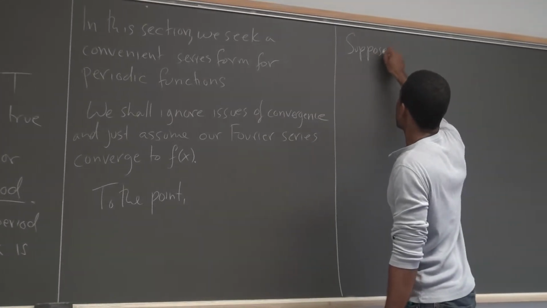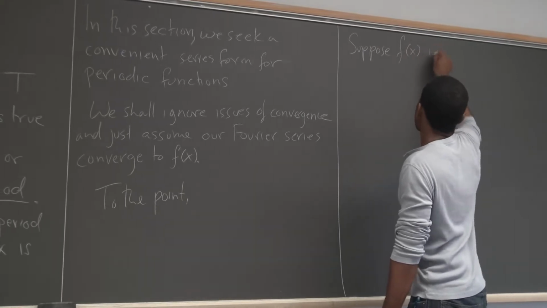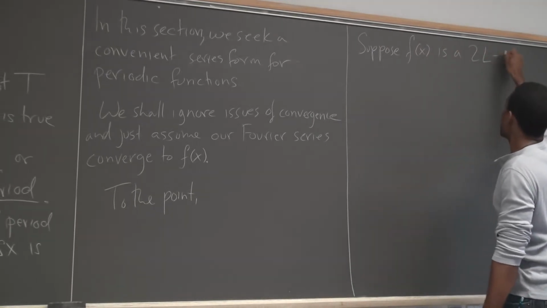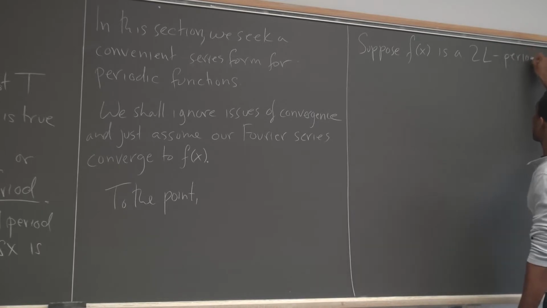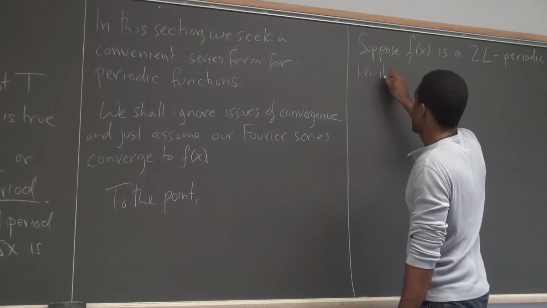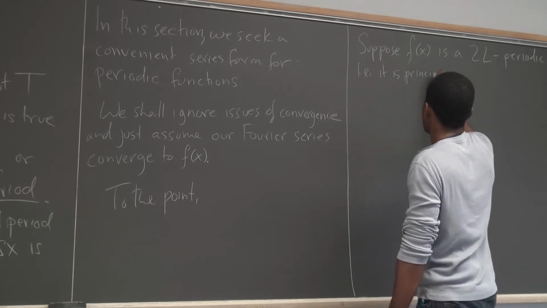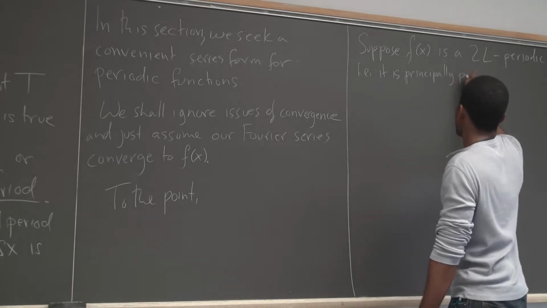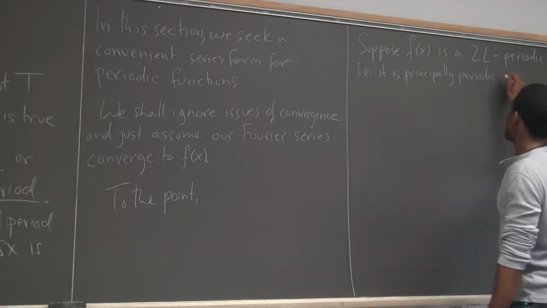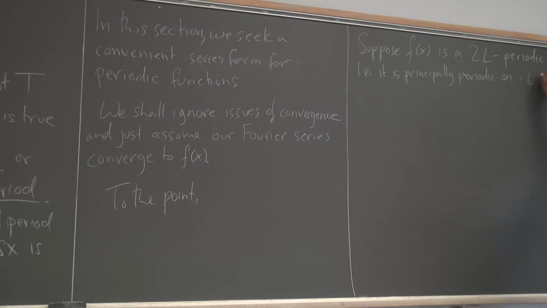Suppose f of x is a 2L periodic function. That is, its principal period occurs with length 2L, i.e. it is principally periodic on, let's say, some interval between minus L and L, which means the length of this will be 2L.